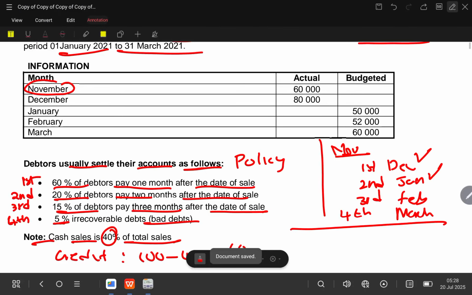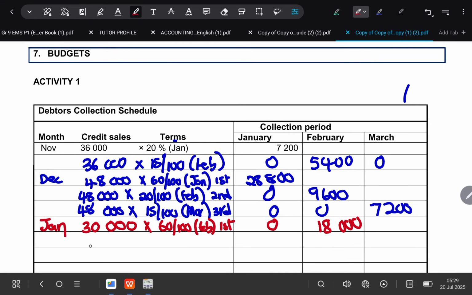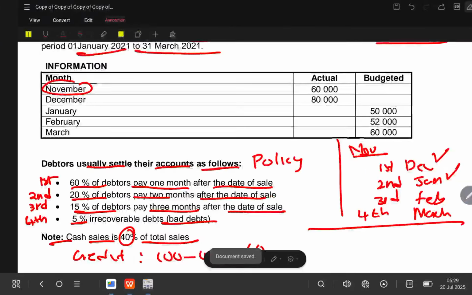And then from there we know that we are going to collect in the second month. They said in the second month we collect 20%. So it means 30,000 multiplied by 20 over 100. Let me remember the percentage.